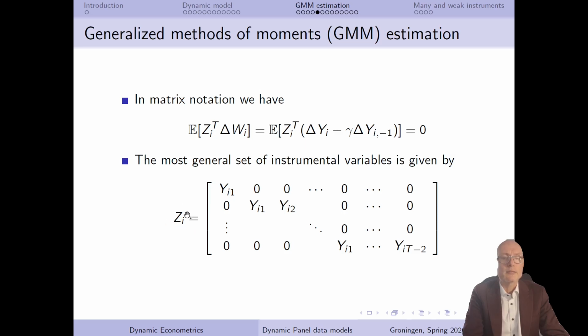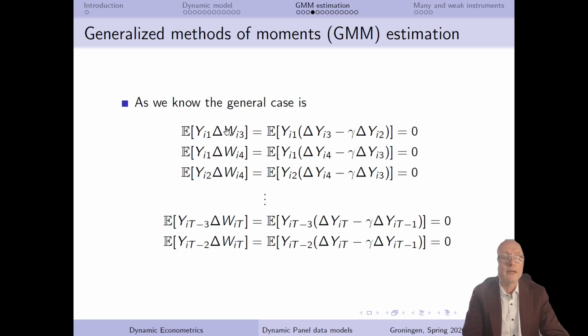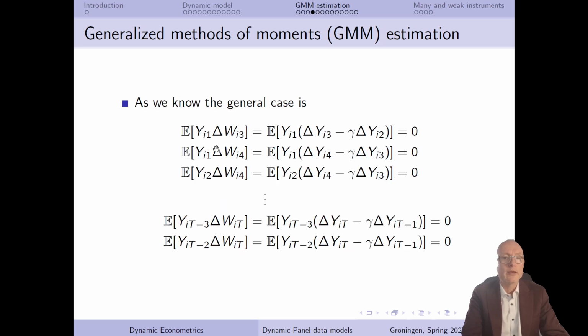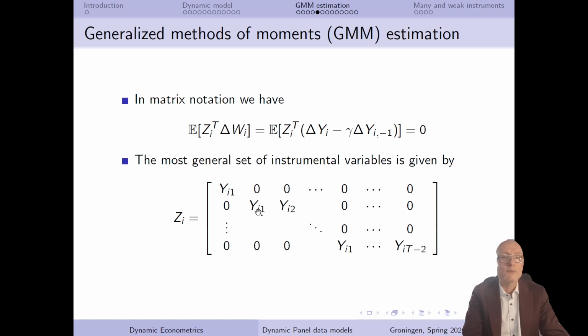Well, and then we should realize that the matrix zi that we have over here is a matrix with a lot of zeros, but along the diagonal we have non-zero elements. This first row is related to delta wi3, that only has yi1, as we here have only one restriction. But we can go on, of course, with respect to delta wi4.